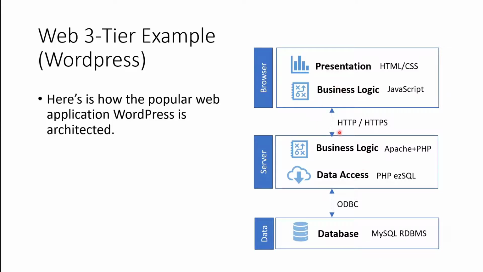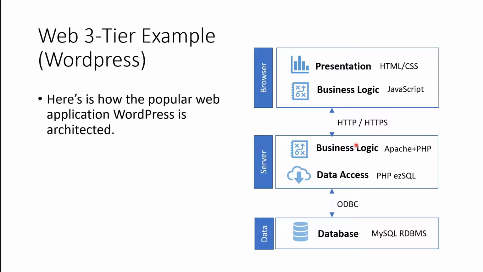That talks over HTTP to a web server, and the web server receives the request. It's like the endpoint of the middleware, and then the actual code that runs on the web server is the business logic. So this might, for example, let you view a particular article that someone posted in WordPress.